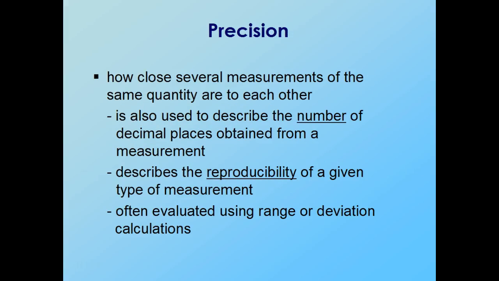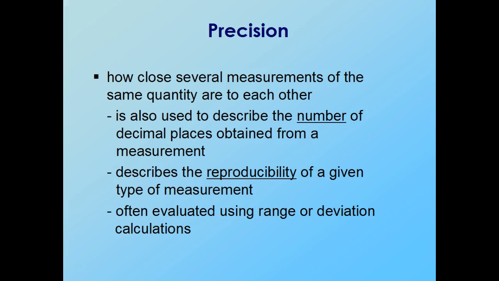So we're not going to have to worry about sig figs with those. I don't want you to stress out about that. Precision is how close your measurements are to one another. In the past, we've used range to examine how close they are. You can also talk about precision in terms of decimal places. The more information that's able to be provided by a measurement, the more precise it's able to be.